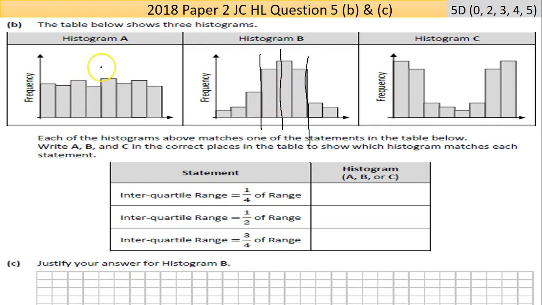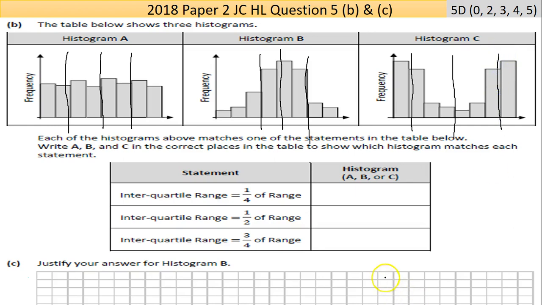Now in histogram A, the middle is the middle, and the lower quarter is probably somewhere around there, maybe a little bit, just ballparking. It's kind of spread out. In this one here, the middle is the middle, and most of your data is fairly spread out, so those two bars up there are small, so probably a little chunk of this, and maybe a little chunk of this.